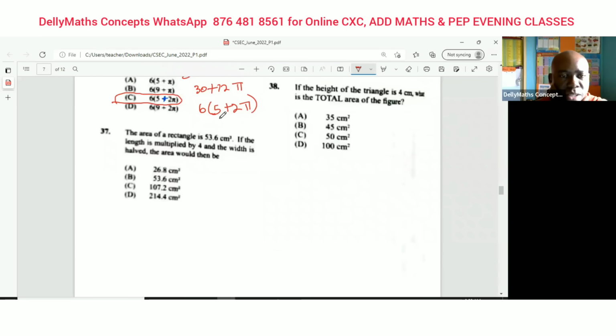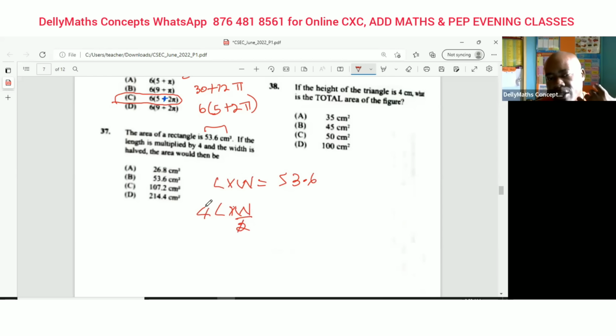The area of a rectangle is 53.6 if the length is multiplied by 4. So length times width would have given us 53.6. Now the length is multiplied by 4, and they're saying that the width is halved.